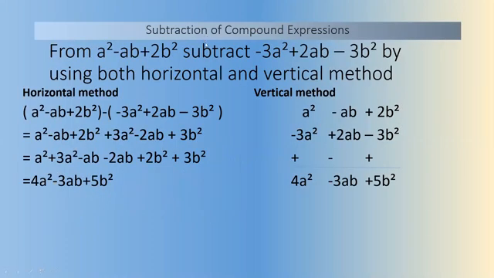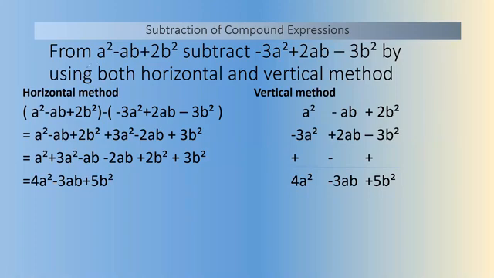Now, subtraction of compound expression. As we have taken the example of addition by the vertical method and by the horizontal method, here also we have taken the question for the horizontal and vertical methods.